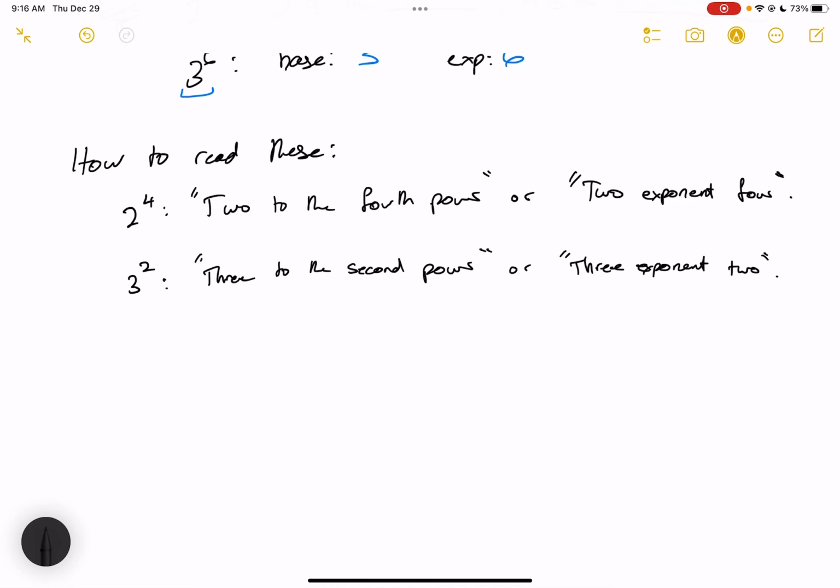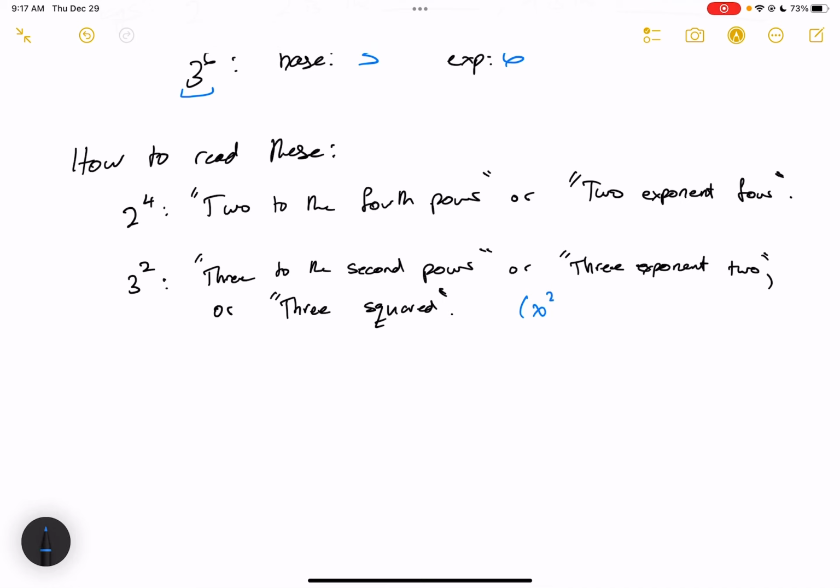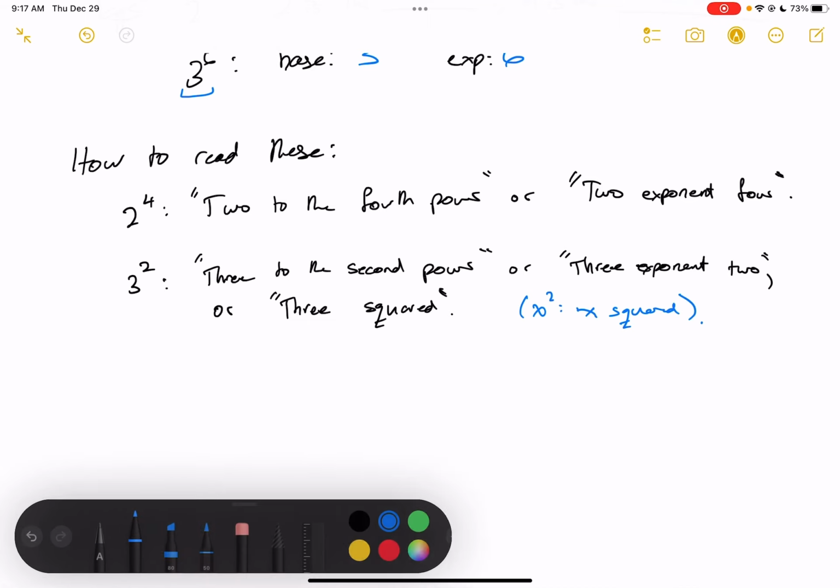But 2 as our exponent is a nice little exception. Or we can say 3 squared. This is something we've seen before, because anytime we've seen something like x with that exponent, we always read it as x squared. So this might already be familiar to some of you.